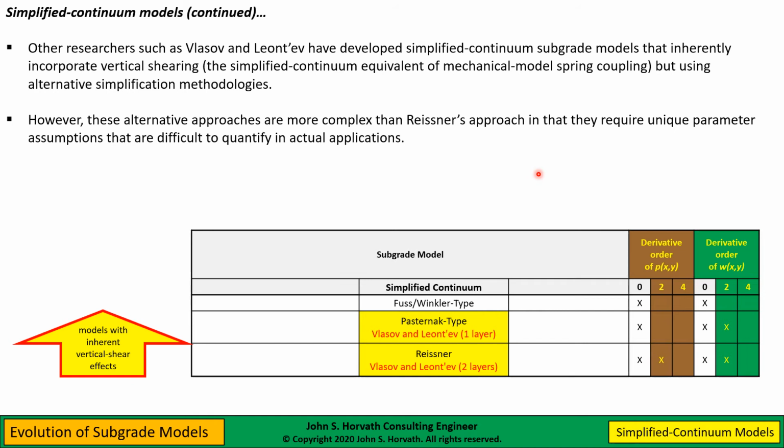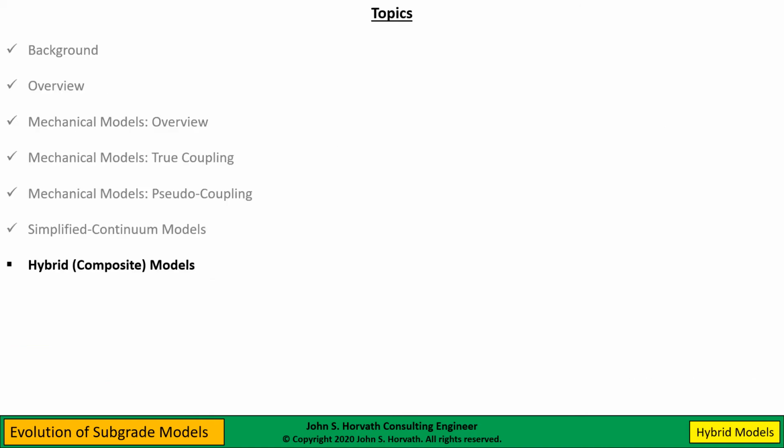It's just an abstract parameter. So with Vlasov and Leontov, you basically get the same thing as using Reissner's approach, but with an additional complication. So there's really no benefit that I see. But the point still remains that there have been a number of people who have looked at this concept of building a subgrade model by making approximations or simplifications to an elastic continuum.